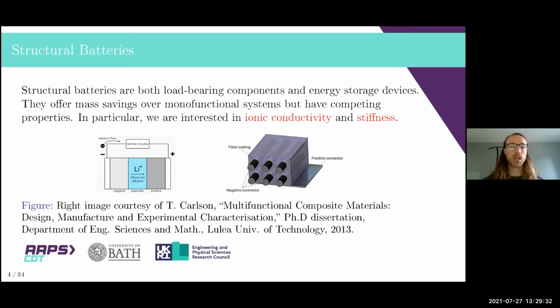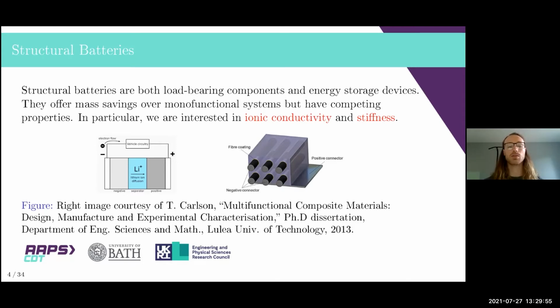For those not familiar with how a battery cell works, I'll give a quick overview. Using this image on the left, we can see that we have a negative electrode, a positive electrode, and then a separator region in the middle called the electrolyte. If the battery is discharging, we start with all the lithium, focusing particularly on lithium-ion batteries, which are mostly found in vehicles.